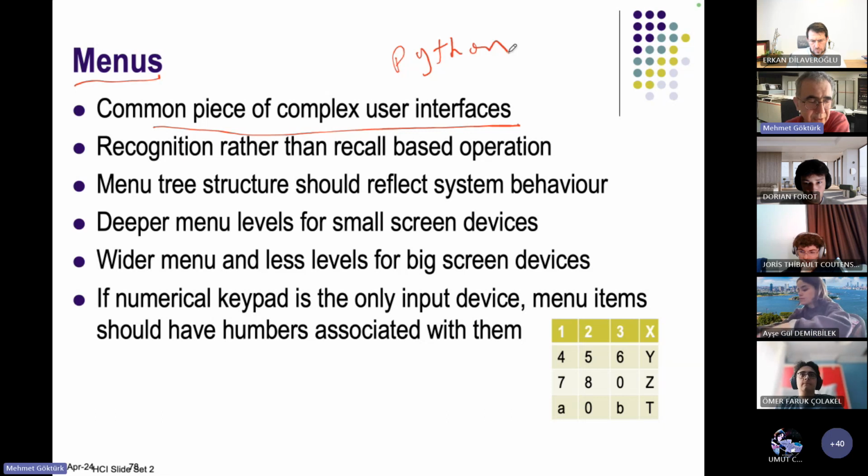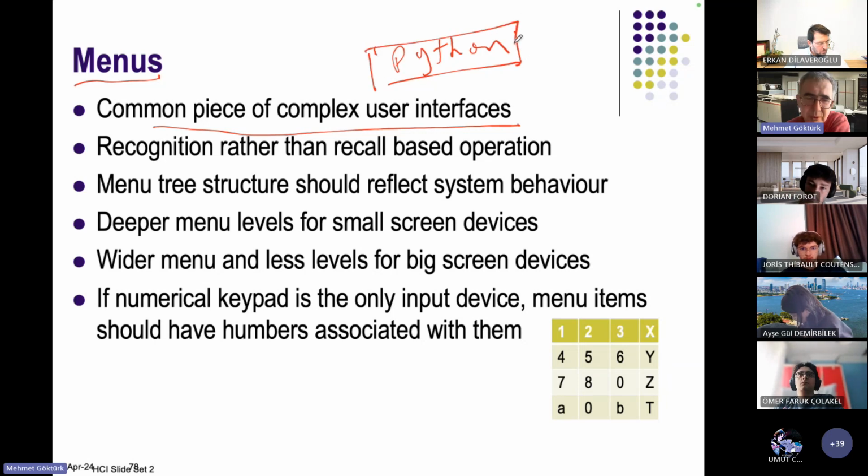Yesterday, one of you was showing me the project. She was showing me the code. There was no usable interface. There was an interface, but not usable. So try to focus on the interface because it gives the ability to use the application.